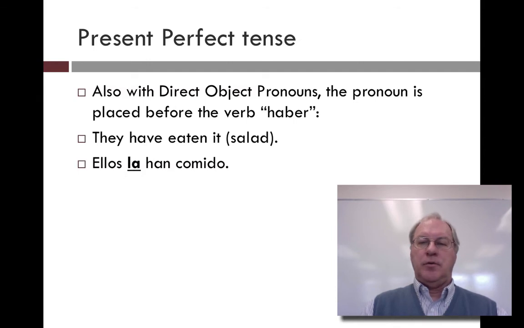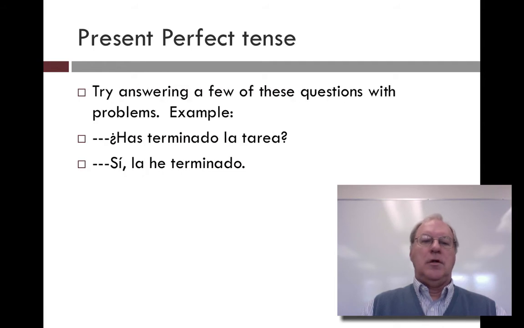Also, with the direct object pronouns, the pronoun is placed before the verb haber always, as in they have eaten it, it referring to the salad, la ensalada, would be ellos la han comido. La han comido. Try answering a few of these questions with pronouns.